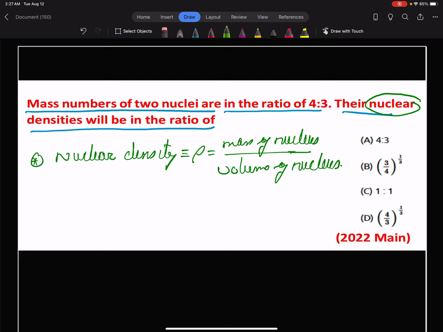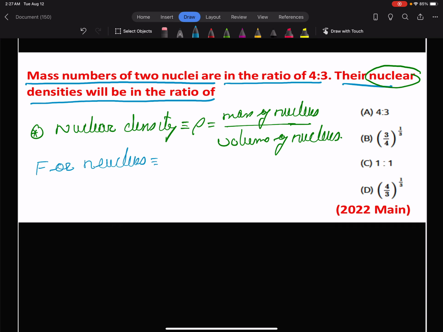And for a nucleus, we know that our mass is directly proportional to A, which is our mass number.